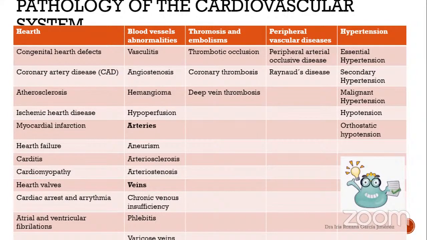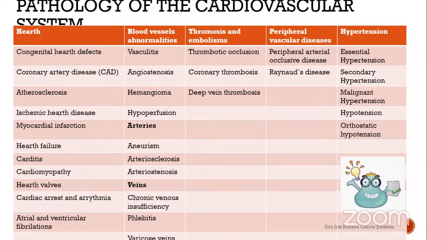For example, the heart: congenital heart defects, coronary artery disease, atherosclerosis, ischemic heart disease, myocardial infarction, heart failure, carditis, cardiomyopathy, heart valve disease, cardiac arrest and arrhythmia, atrial and ventricular fibrillation.